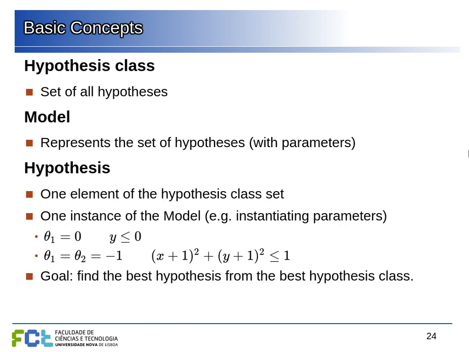If we assign values to all the parameters, then this is a single hypothesis. A single line, for example, y less or equal to 0, is one hypothesis from the first hypothesis class. A circle with center at minus 1 x, minus 1 y would be another hypothesis.